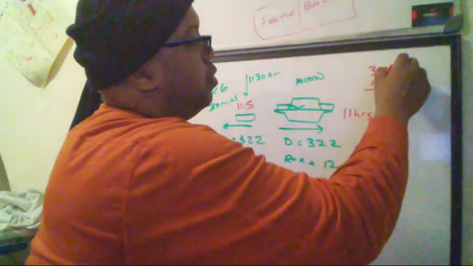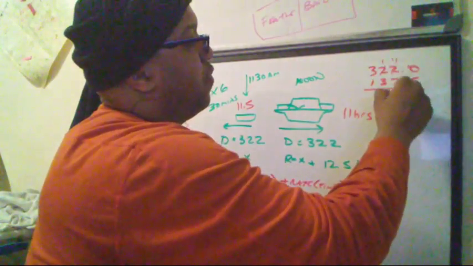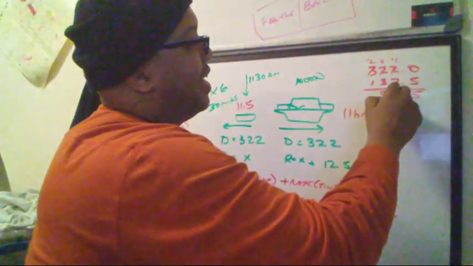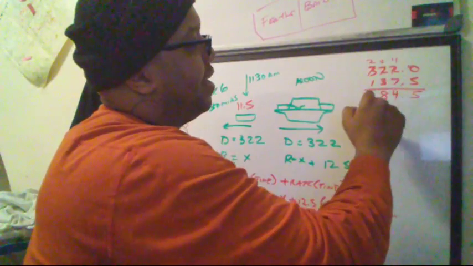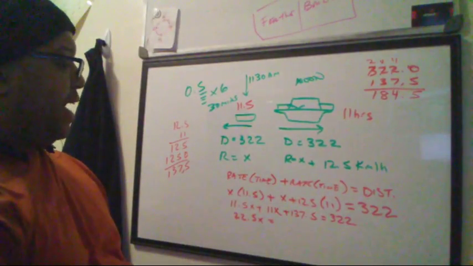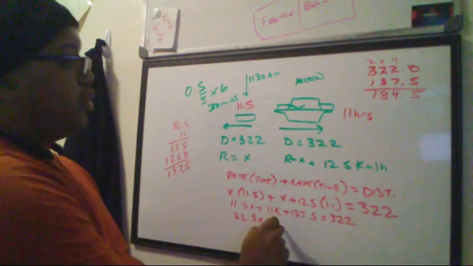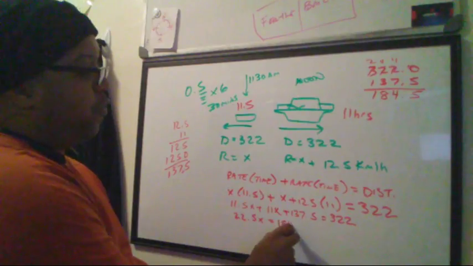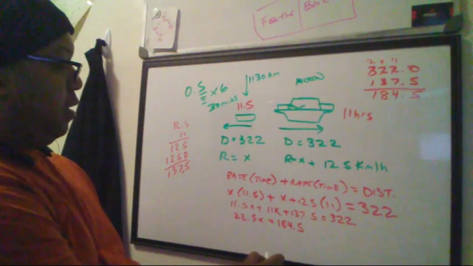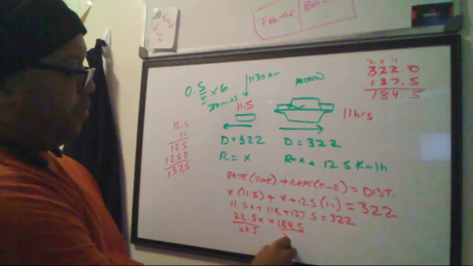We take away from 2, we get 5, take 11, 4, 2, 8. So we have 22.5x is equal to 184.5.